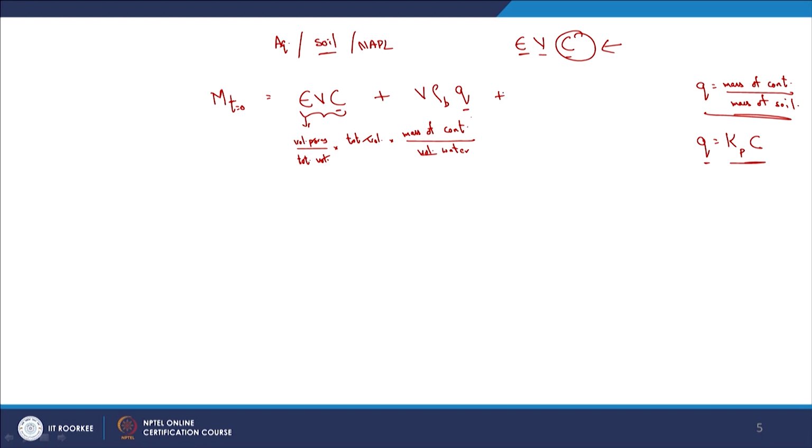And if we have NAPL, obviously it is going to be present within the pore space, right.